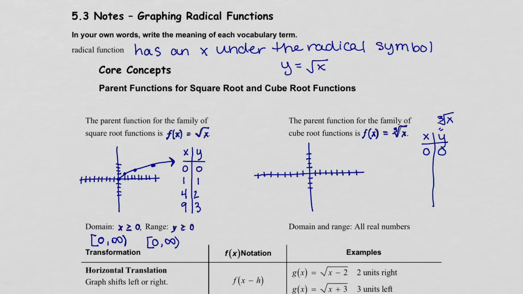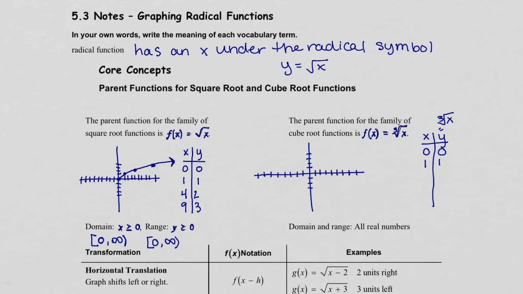When x is 1, the cube root of 1 is 1. And something that happened on our square root function is we don't have any negative values because we can't take a square root of a negative number and still end up with a real number. And we want to stick with real numbers.